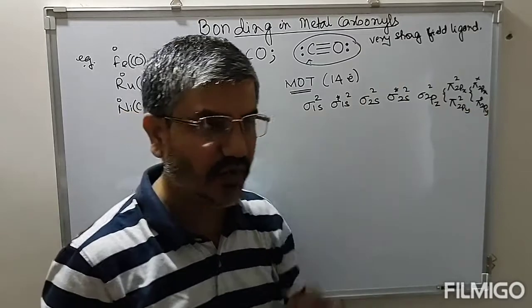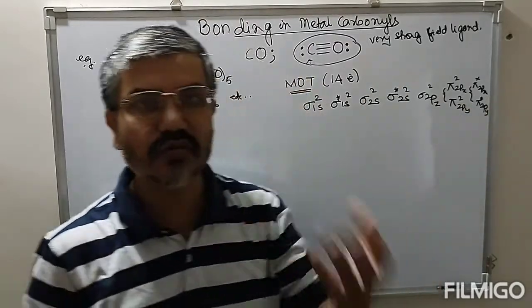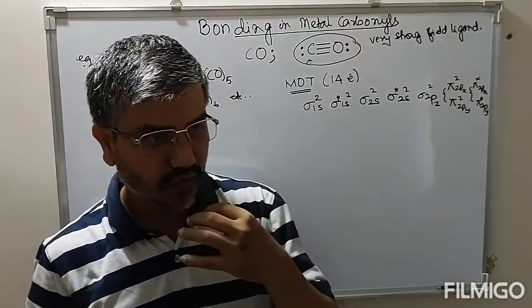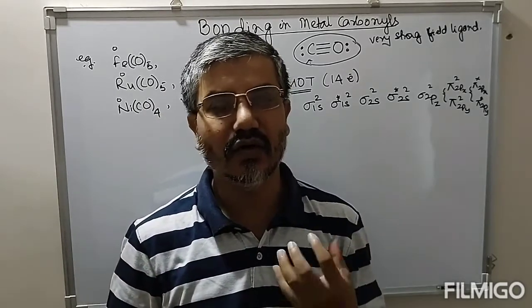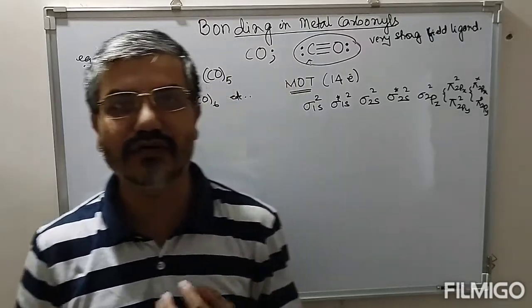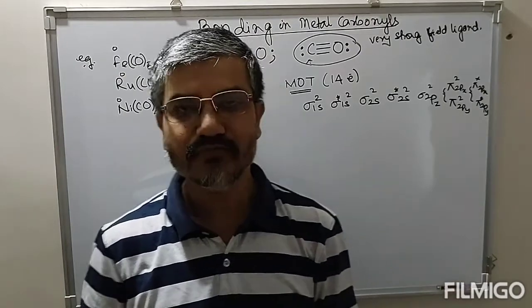Since these anti-bonding pi orbitals are vacant, they can also be involved in bonding with the metal. One of the most important criteria of a ligand is that it should have at least a pair of electrons which can be donated to the central metal atom.